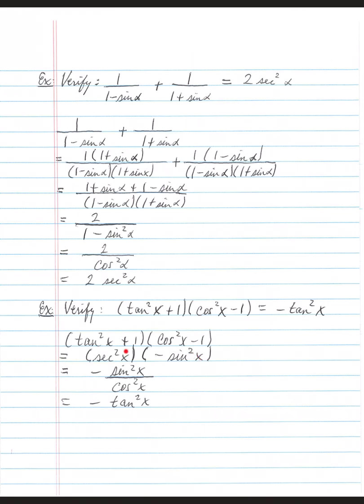Secant squared x is the reciprocal of cosine squared x. So negative sine squared x on top. Using the reciprocal, we can put cosine squared x on bottom. Sine over cosine is tangent, so sine squared over cosine squared is tangent squared. Don't forget your negative.